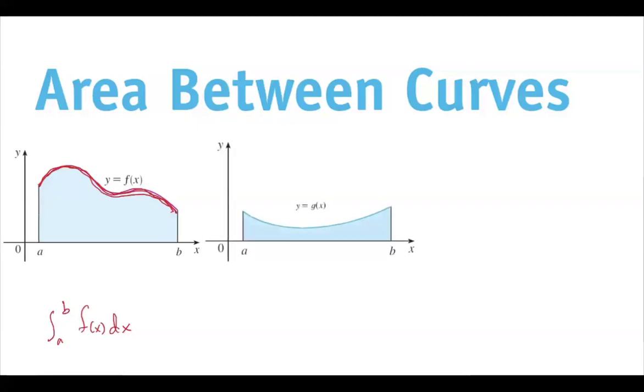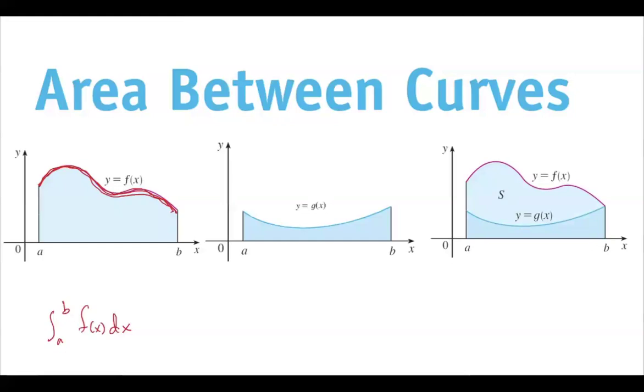Suppose you have another function like g of x, and your goal is to calculate the area below g of x and the positive part of the x-axis between a and b. This is the definite integral from a to b of g of x dx.